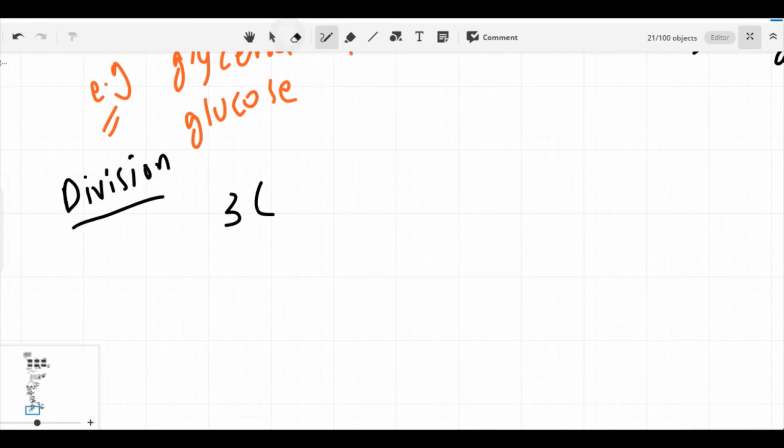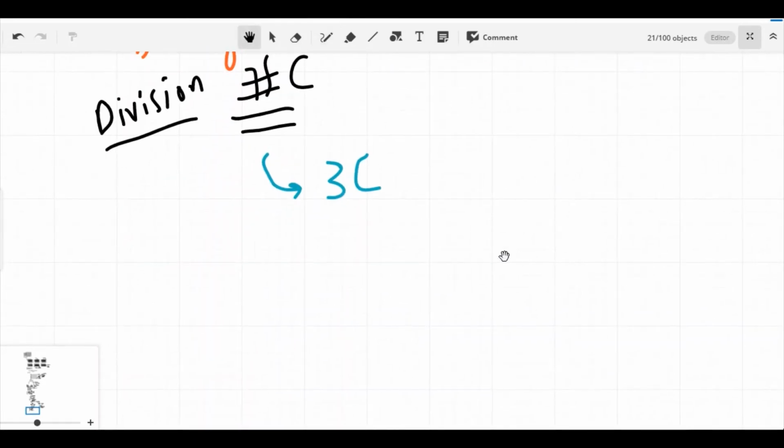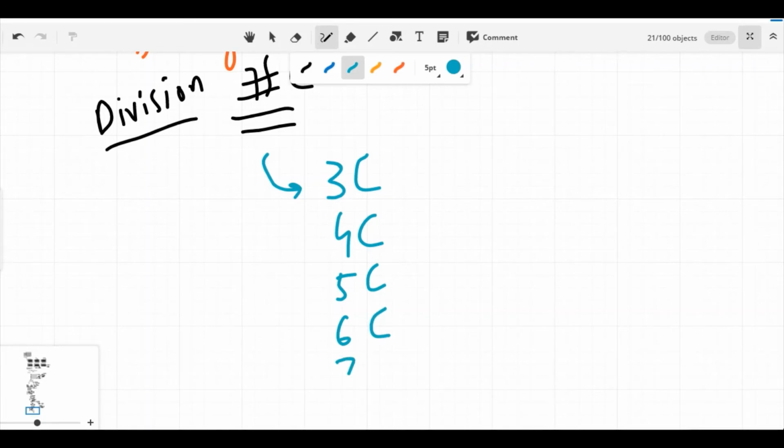The number should be at least 3, so we start from 3 carbons, 4, 5, 6 and 7 carbons.